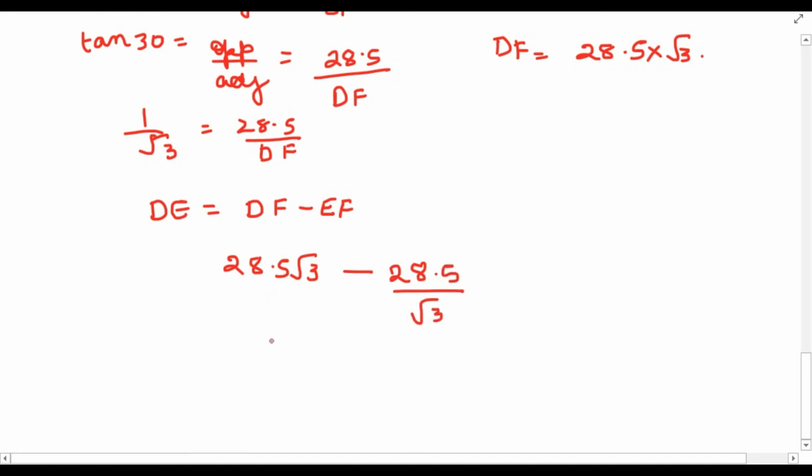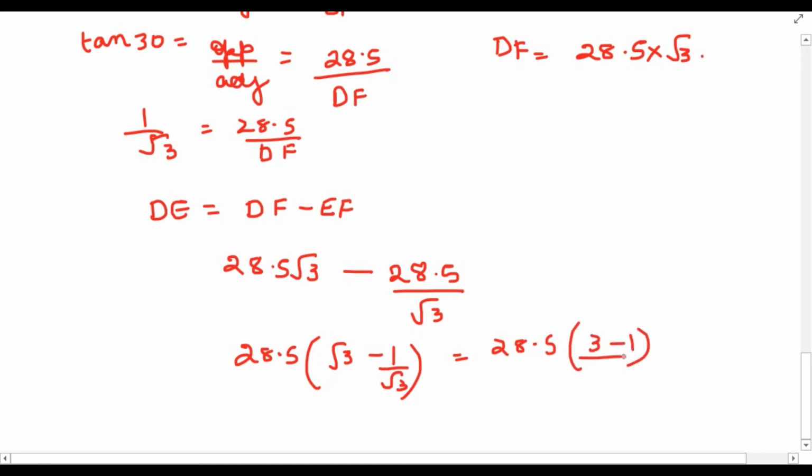Now we need to simplify this. 28.5 is common. Root 3 minus 1 by root 3. So which is equal to 28.5 into 3 minus 1 divided by root 3. So 28.5 into 2 divided by root 3.